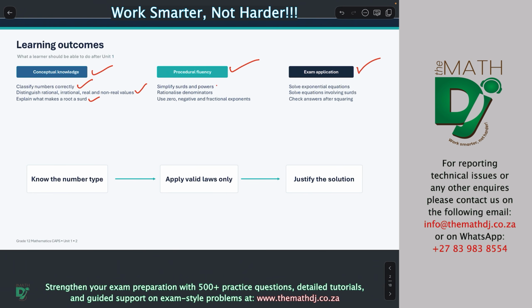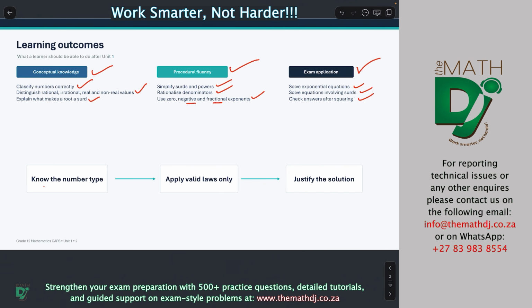We're also going to simplify surds and powers or exponents, rationalize denominators, and use zero, negative, and fractional exponents. Then under examination application, we're going to solve exponential equations, solve equations involving surds, and also check answers after squaring.